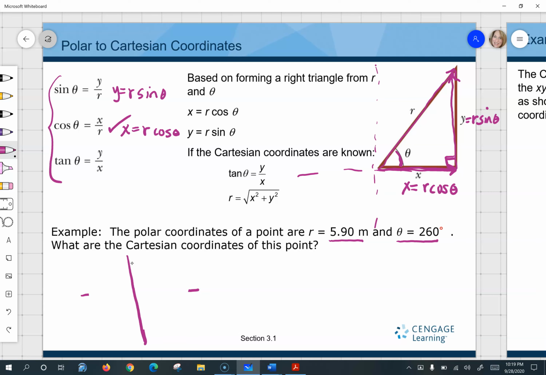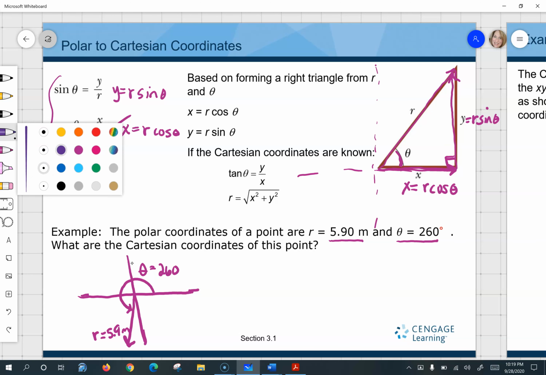Okay, so if we drew this vector, we would say, starting from the positive x-axis, we know that that's about 260 degrees. And we know the length is 5.9 meters. And we know that this angle theta is 260. Well, what you want to do is you want to draw your, I'm using a different color.